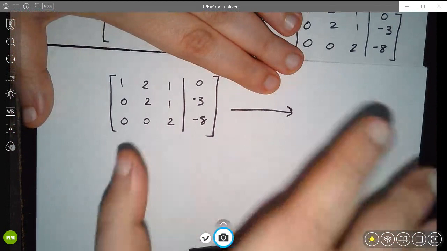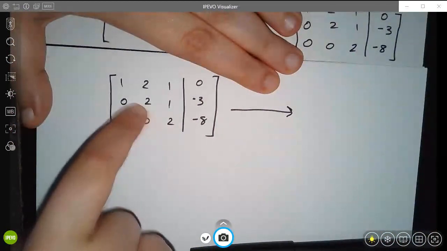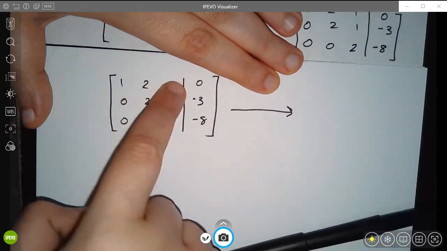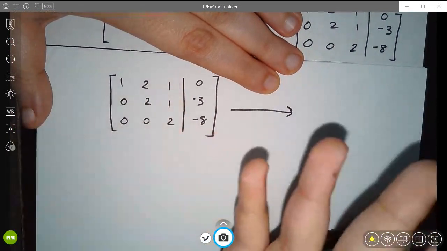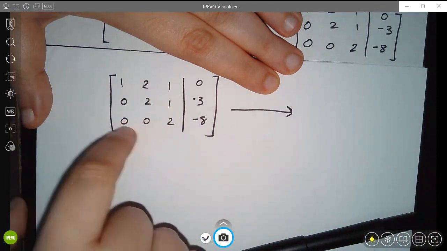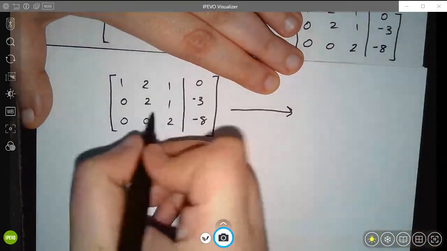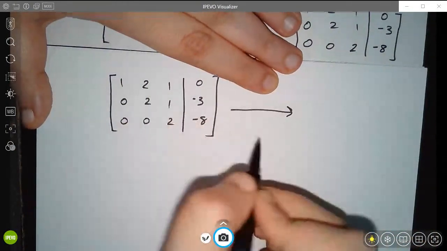Now, the rows I need to work on still are 2 and 3, right? I need this to be 1 and that to be 1. I don't really care about the 3 on top. We can keep going if you want to, but we can stop if you also want to. These 3 are already 0, so that's good. Now, I want row 2 to have a 1 over here.